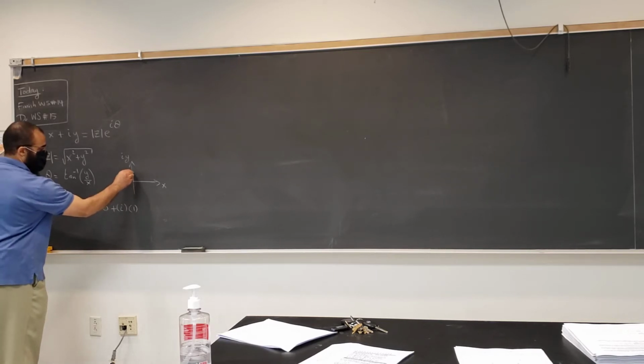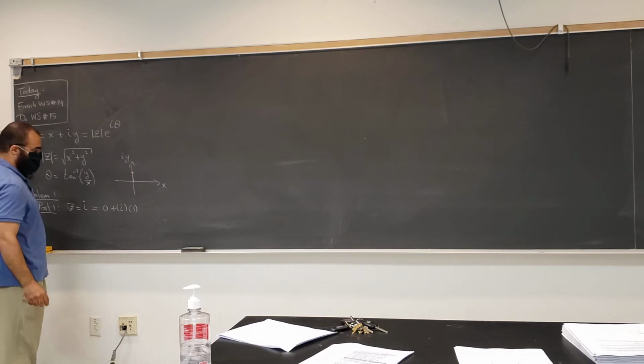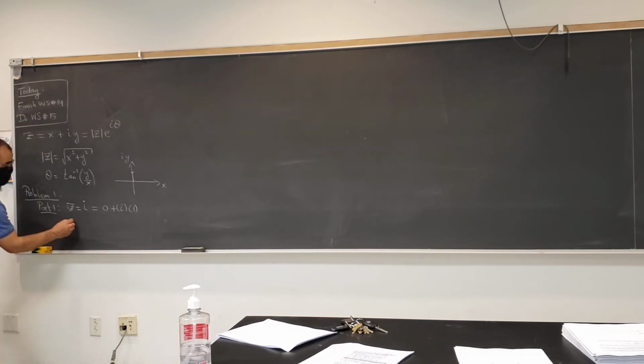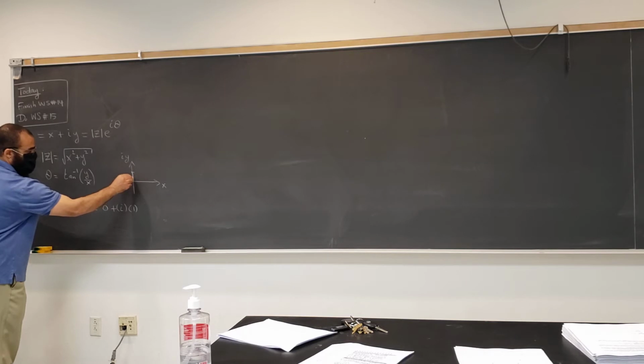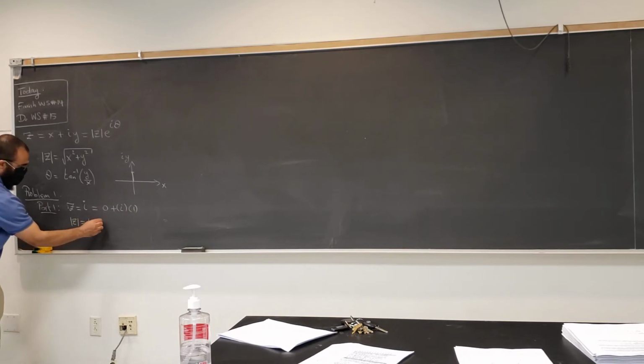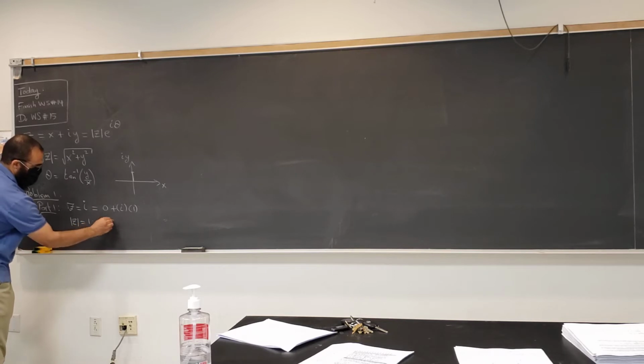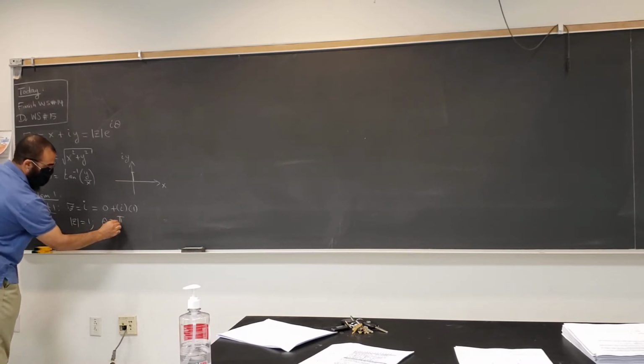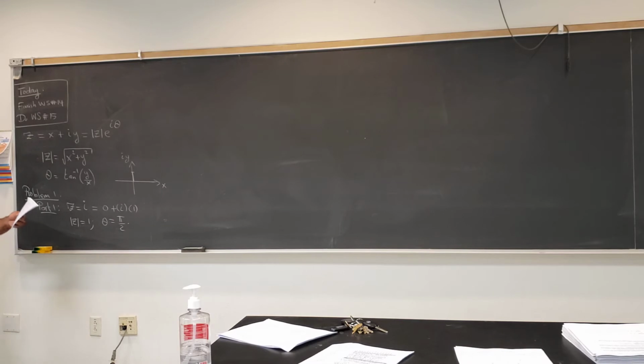So what's the angle here? 90. So we conclude that the magnitude of z is 1, because 0 squared plus 1 squared is 1, and theta is 90 degrees, or pi over 2. We usually want to express it as a number between minus pi over 2 and pi over 2.